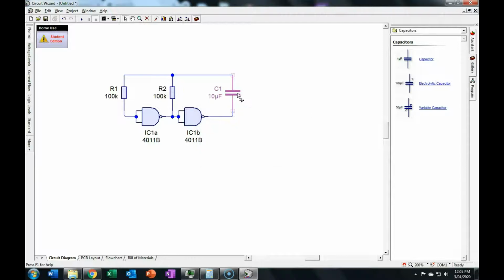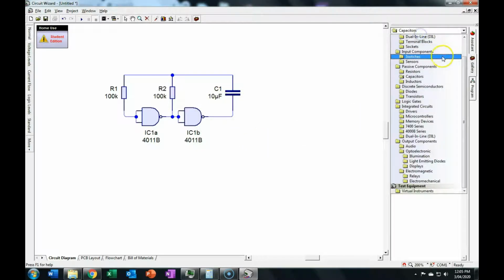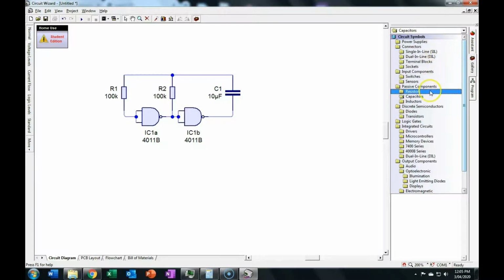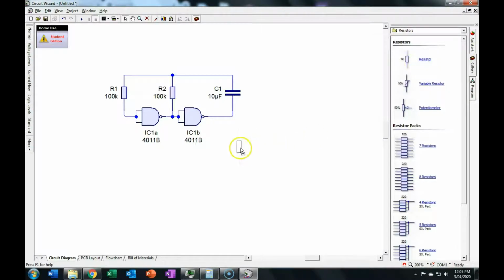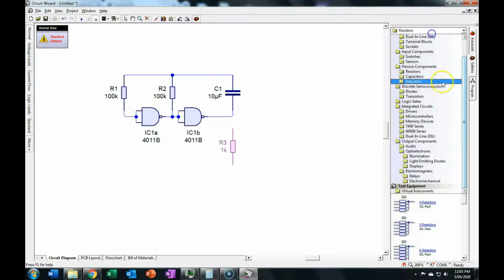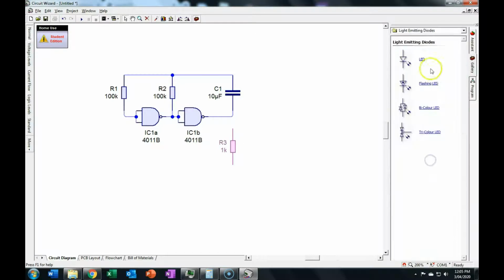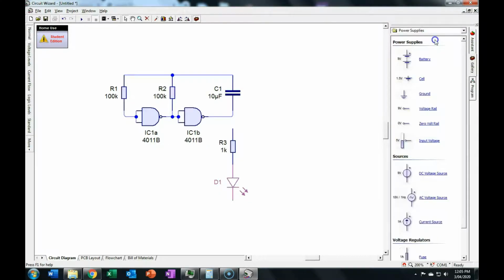10 microfarads, and so that we can actually see the output, I'm going to connect a resistor and an LED. Now I'm going to use the ground connection, zero volt connection.